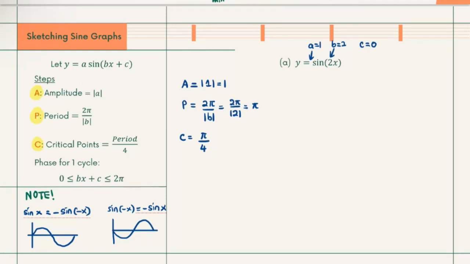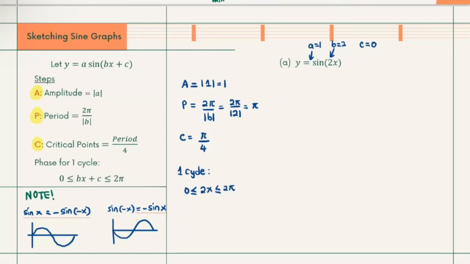Alright, so now let's find the phase for one cycle. So untuk one cycle, asalnya dia adalah 0 less than or equals to bx plus c. Bx plus c tu dalam function kita ini kan. So in our case, it will be 2x less than or equals to 2 pi.